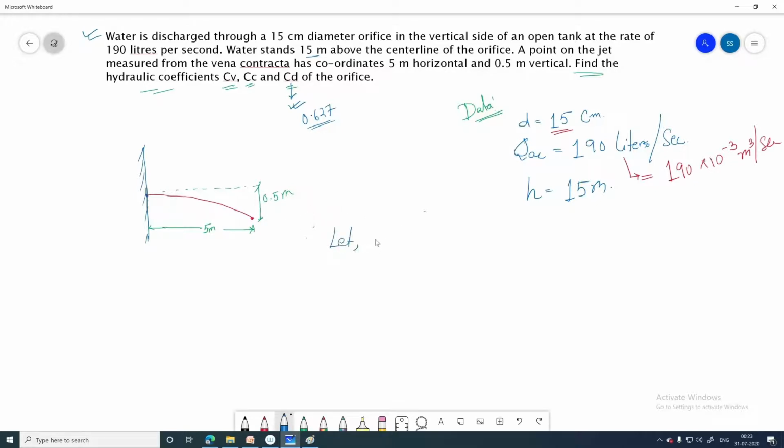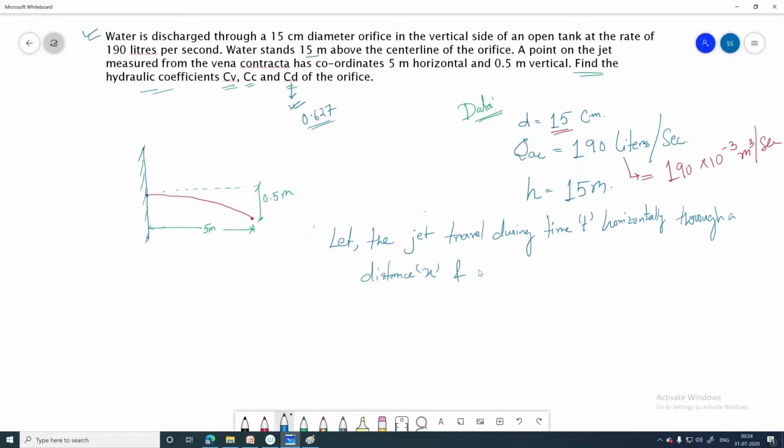So what I am considering is, let the jet travel during time t horizontally through a distance x, and the jet falls by a distance, that means here you can see the fall over here, that is 0.5 meter.